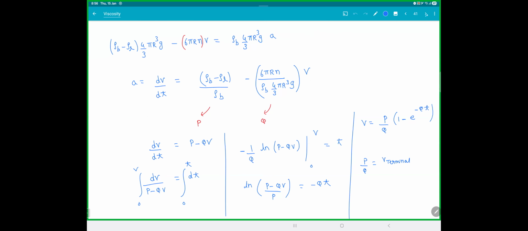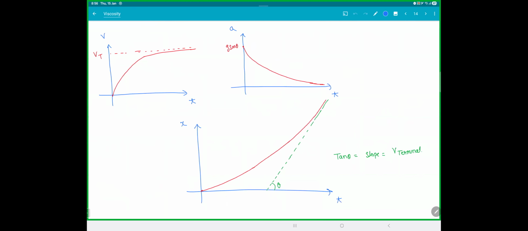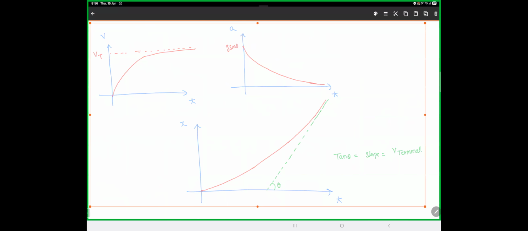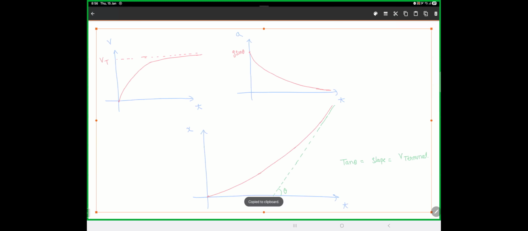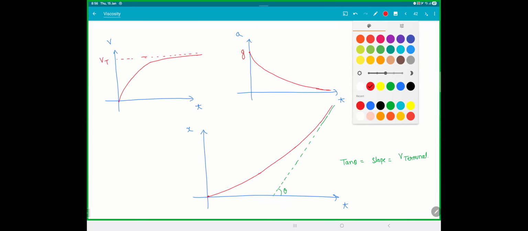If they ask you to draw the graphs, I hope you remember, we get the exact same graphs that you drew here. This will be g instead of g sine theta. The graphs will look exactly the same. So they can ask for the graphs also. You can play a lot with this.